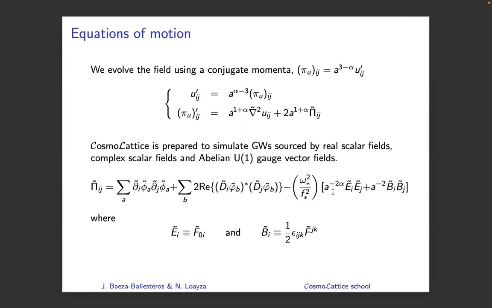It's just to take into consideration that vector fields are measured in omega star units, and scalar fields are measured in F star units. And this is very important. You shouldn't forget about this. It's super important to be sure in which units you are measuring each field. And this is the full tensor that we are measuring in CosmoLattice to follow the dynamics of gravitational waves as sourced by these fields.